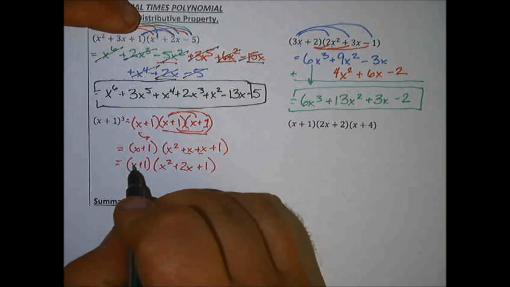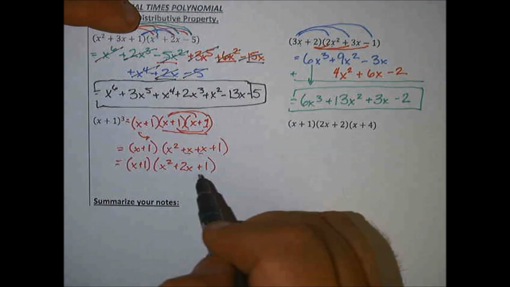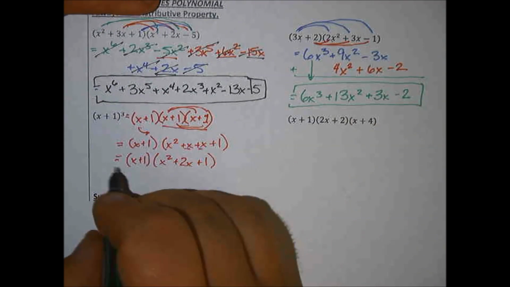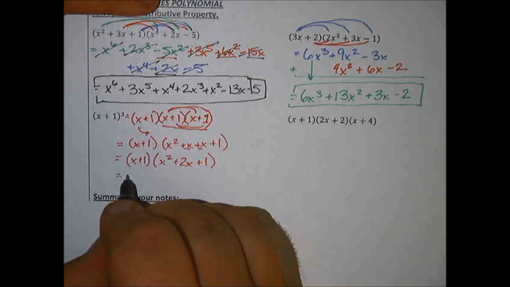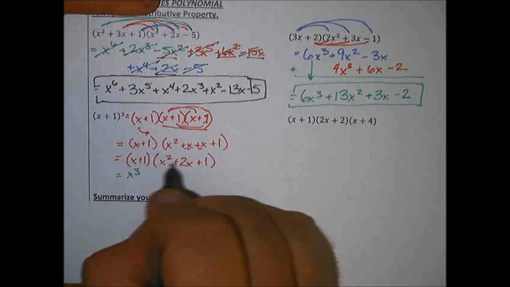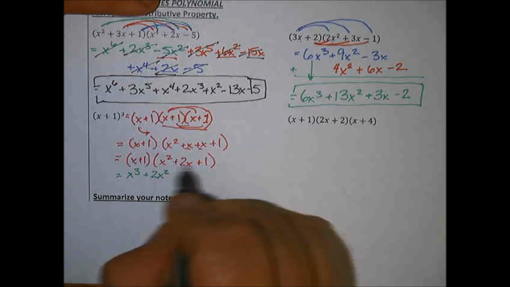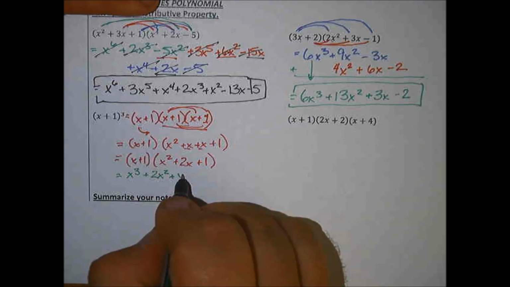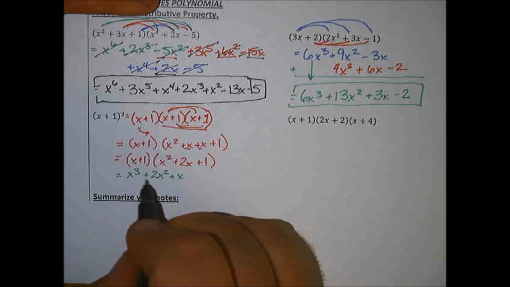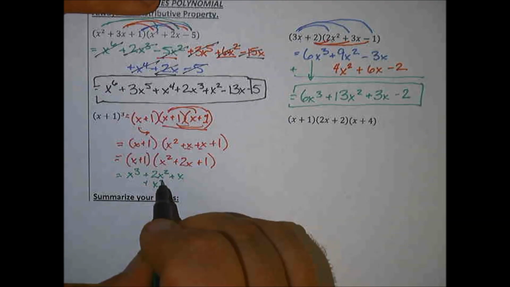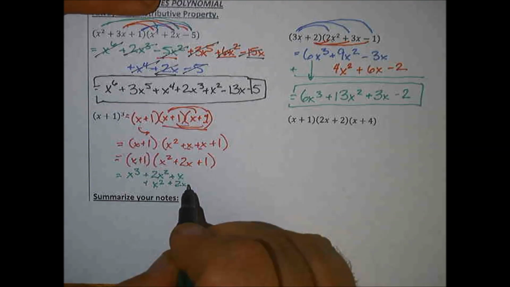The next one I have to do just like I did up here, multiply everything in the first one by everything in the second one. So here we go. X times x squared is x cubed. x times 2x is plus 2x squared, and x times 1 is x. Now let's multiply the 1. 1 times x squared, 1 times 2x, 1 times 1.